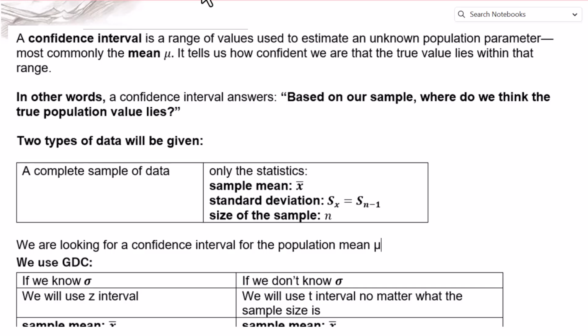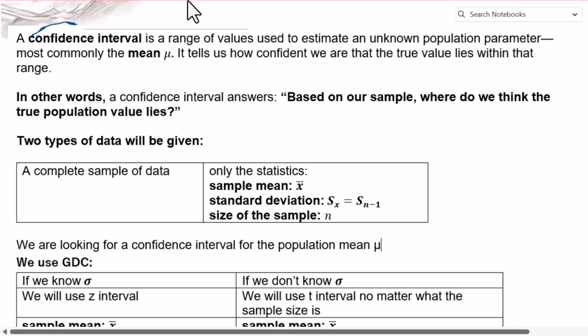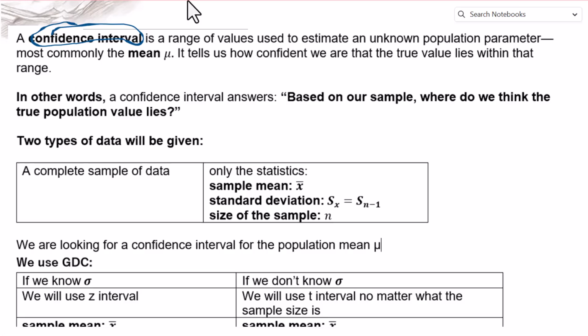This video is about confidence interval. A confidence interval is a range of values used to estimate an unknown population parameter, most commonly the mean mu.